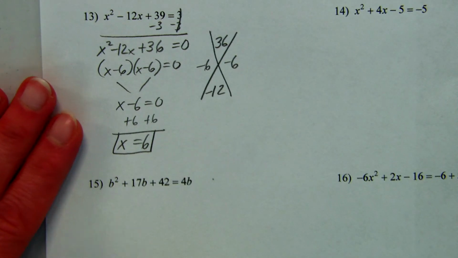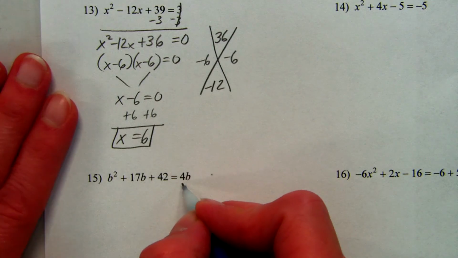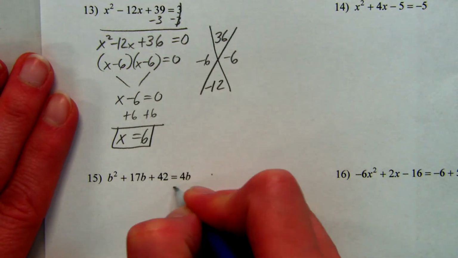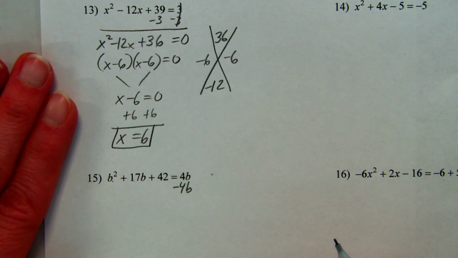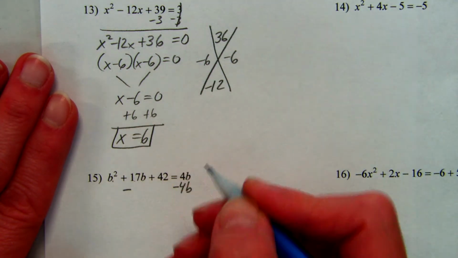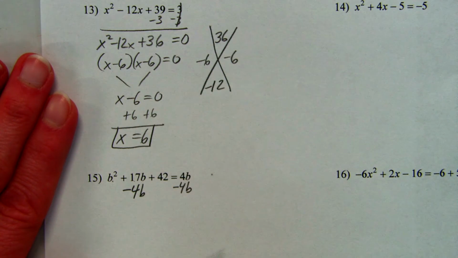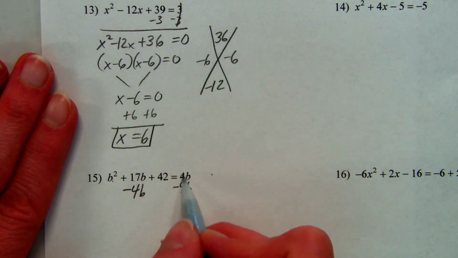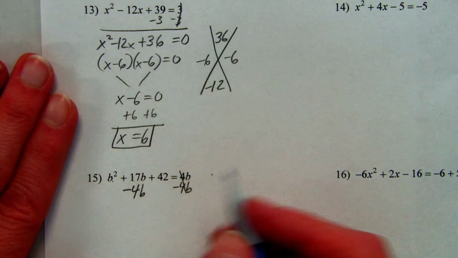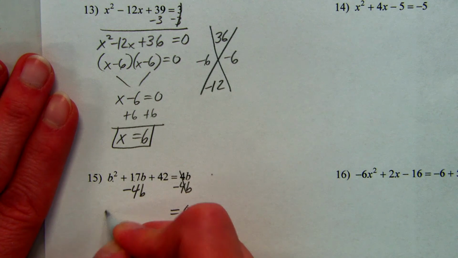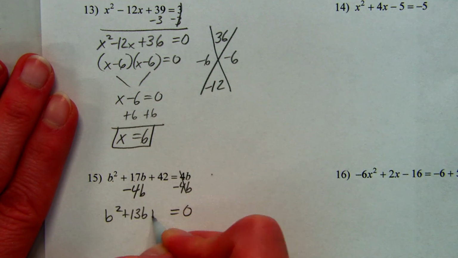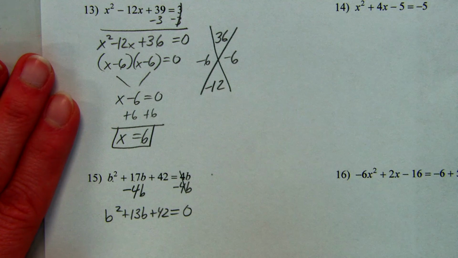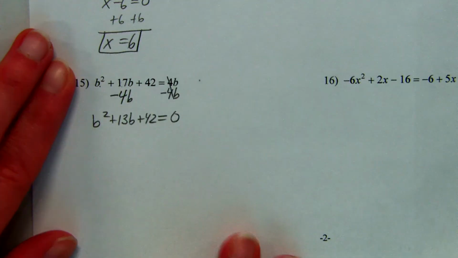And then on the next one, to get 0 on this side, we'd subtract 4b. Which term over here would I subtract that from? 17. The 17, because it doesn't have the squared. So it's tricky because they both have b's, so it has to subtract from whichever part has the like term. So then I would have b squared plus 13b plus 42, and then we can factor it from there.